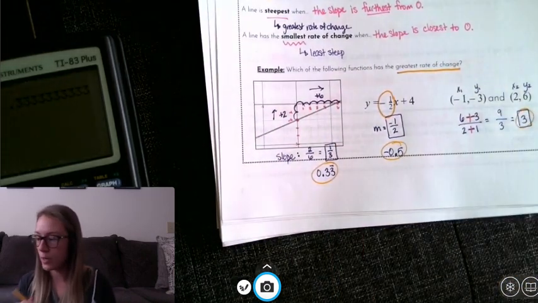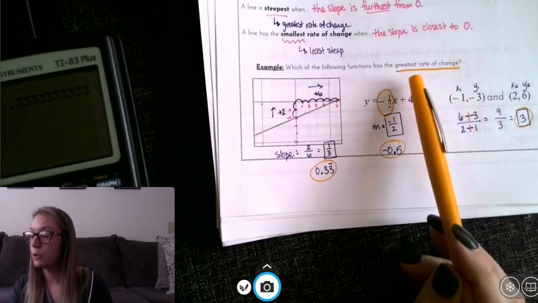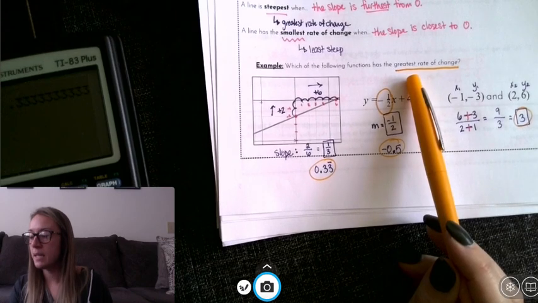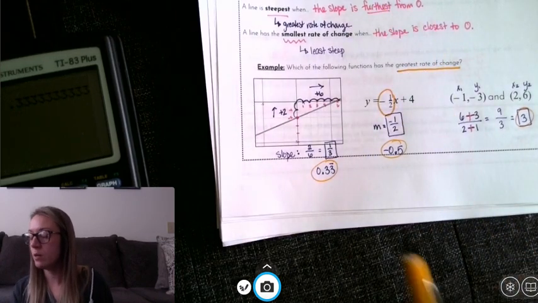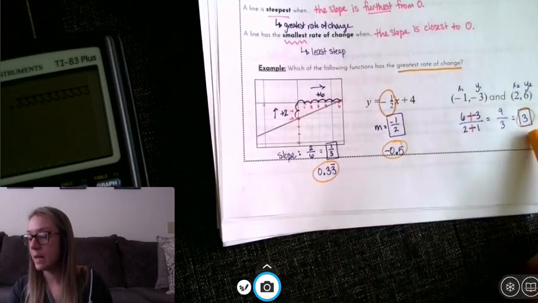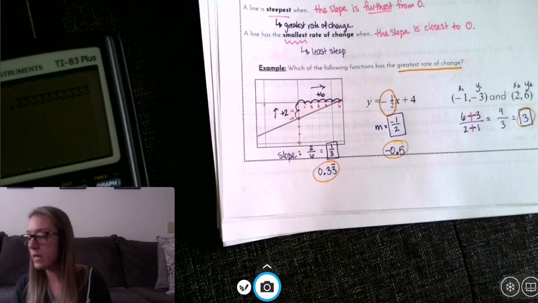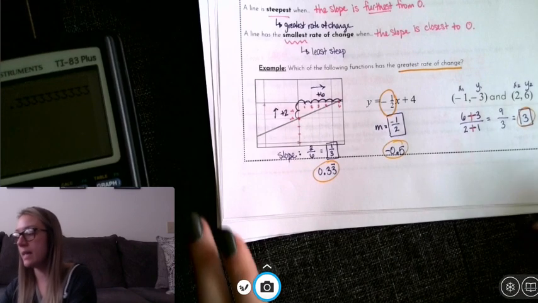So to answer our question, which of the following functions has the greatest rate of change? The greatest rate of change means we want it furthest from 0. So between 0.3, -0.5, and +3, +3 is going to be furthest from 0. And if you need to draw a number line to help, that would be fine.